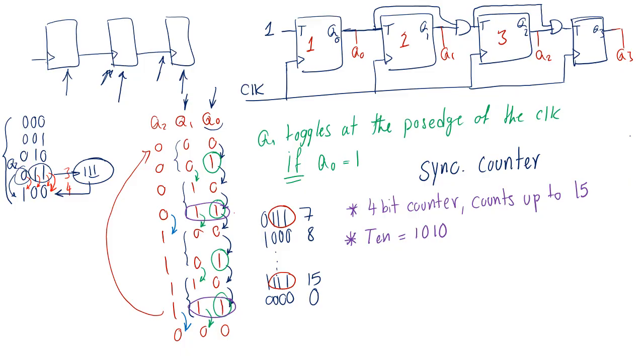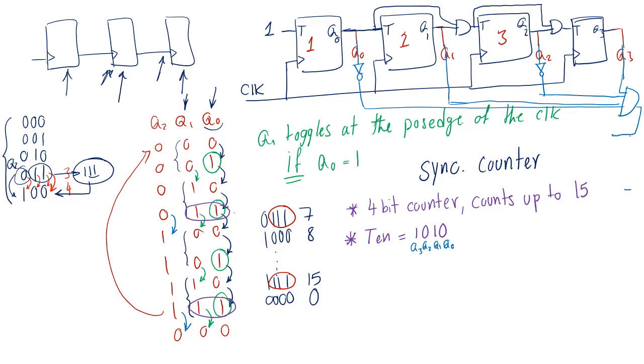Well, it's not that hard to do. So this is Q3, Q2, Q1, Q0. So I'm saying that when Q3 is 1 and Q1 is 1 and Q2 bar is 1, so Q2 is 0, and Q0 is 0, so Q0 not is 1. So when all of these are 1 and only in that moment, nothing else, right? If I AND all of these signals together, then I know that whenever this becomes 1, then I have reached 10, right?